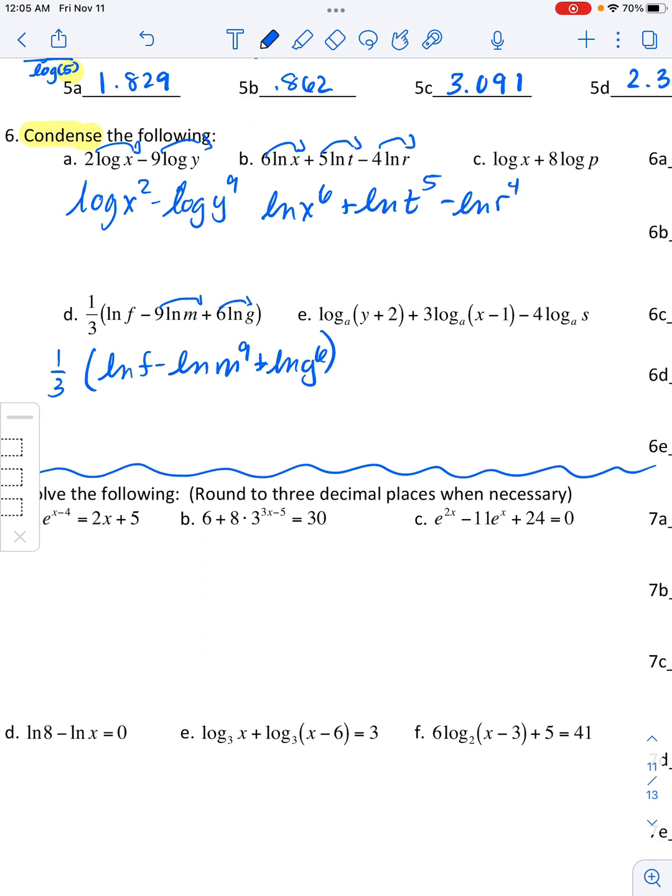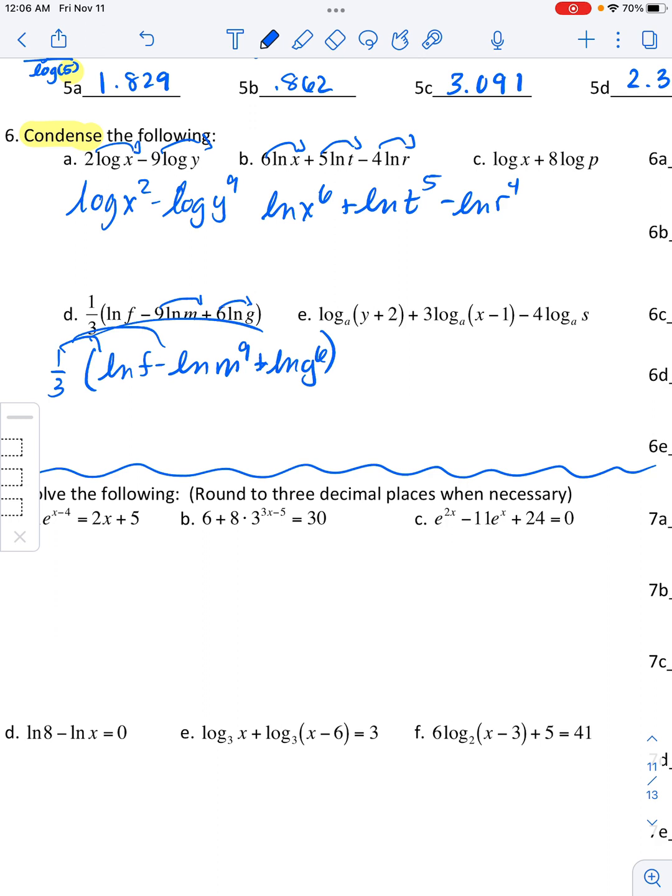Okay, so then I'm trying to decide if I'm going to distribute. What you ultimately are doing is, yes, you're distributing this, but it's going to put a 1/3 in front of each thing. And since I'm condensing, I can't have numbers in front.